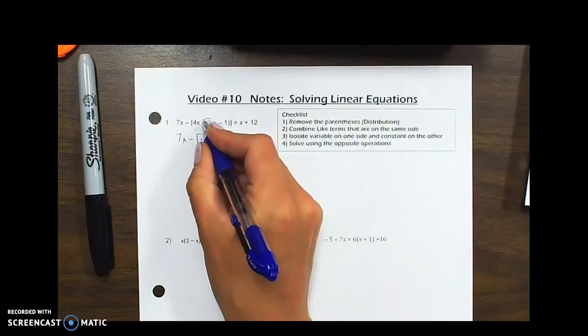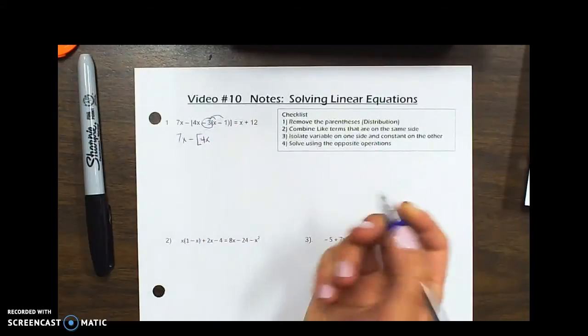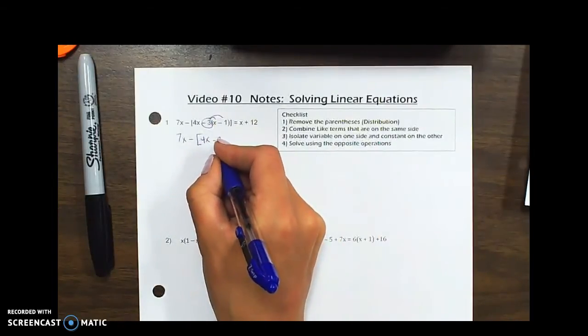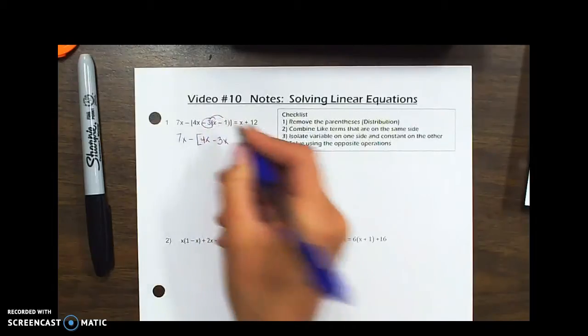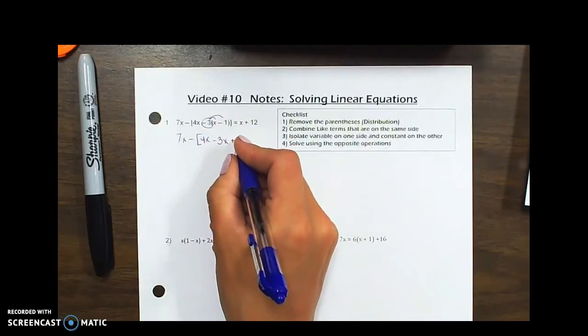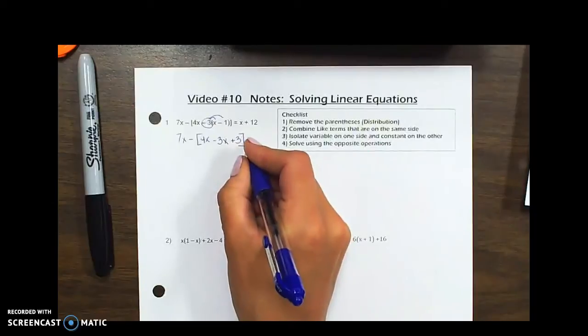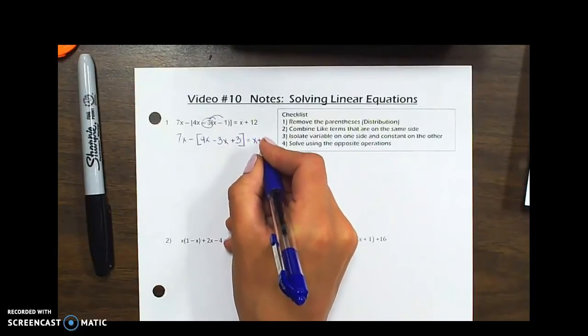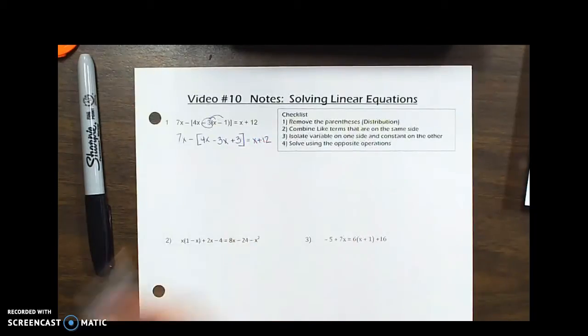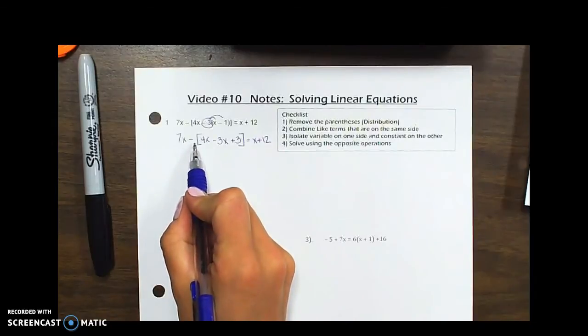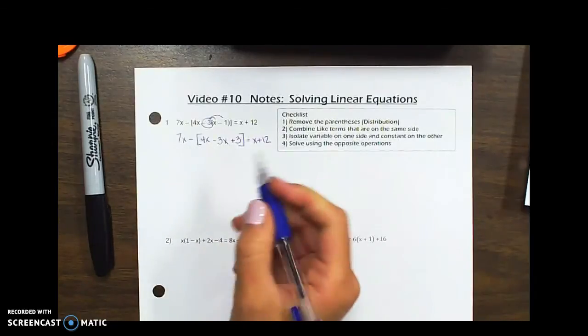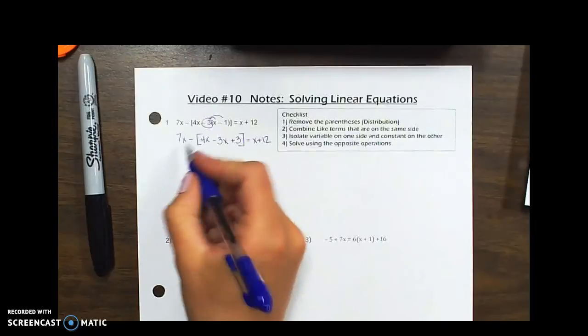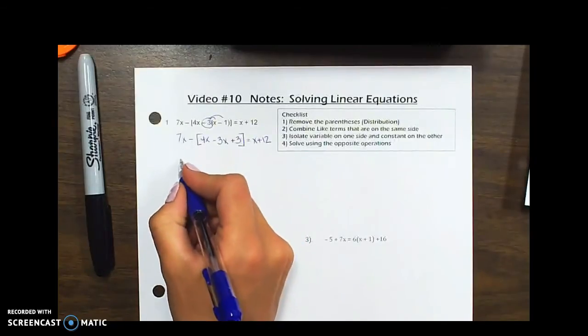Now I'm going to distribute this -3 to everything on the inside. Minus 3x, and then -3 times -1 is a +3. All right, equals x plus 12. Now I want to get rid of the next set of parentheses, which is just the brackets. So to do that, I have to distribute that negative, but the 7x out front stays the same.